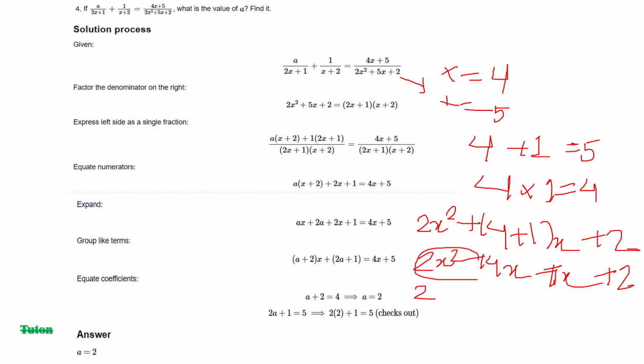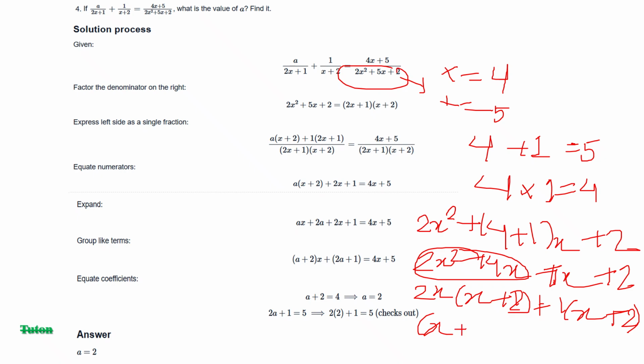From these two terms we can take 2x as common, and we will get x plus 2 inside the bracket, plus we will take 1 as common and x plus 2 inside the bracket. Now we have finally converted this term into two factors, which are x plus 2 and 2x plus 1.